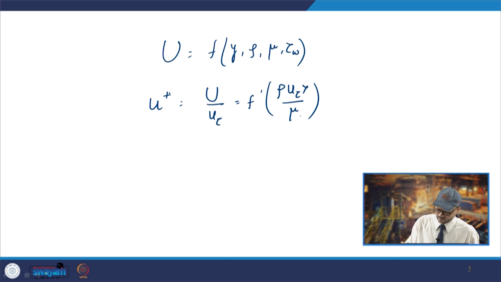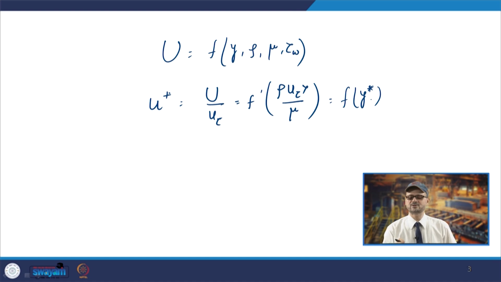So you get another parameter, rho u tau y by mu, which is y plus. So u plus is f of y plus.